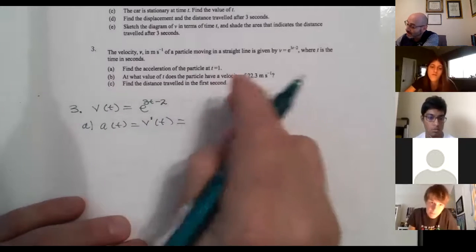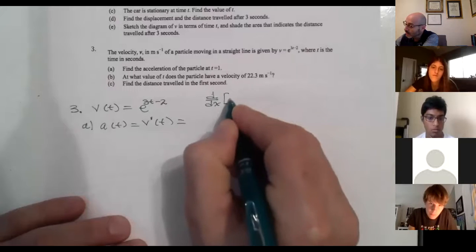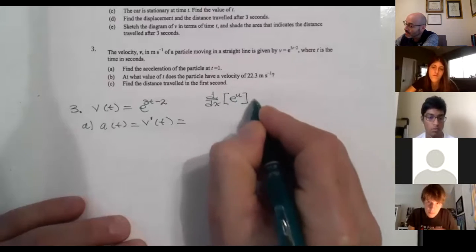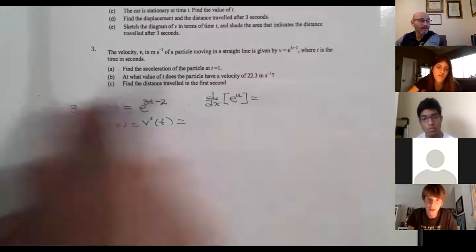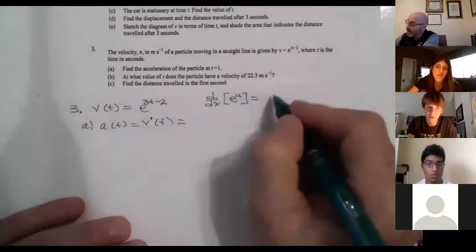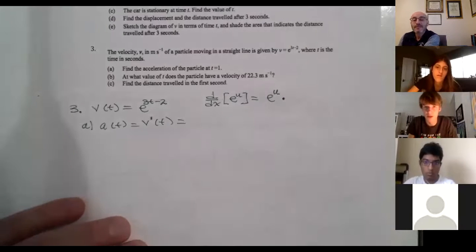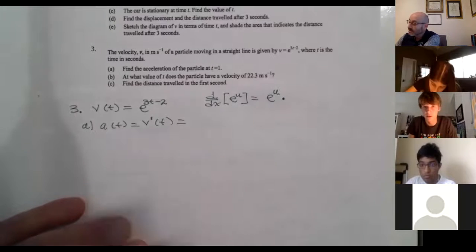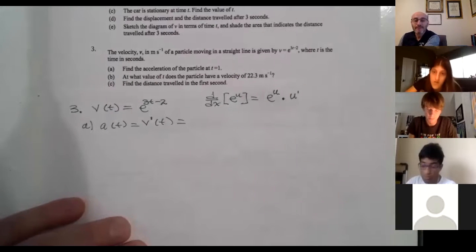What would be the derivative with respect to x of e to the u, if u is a function of x? E to the u times the derivative of u, right? That is correct, Bram. Times u prime.